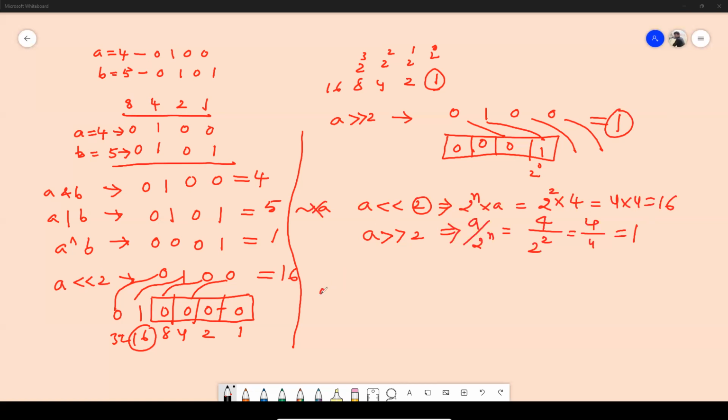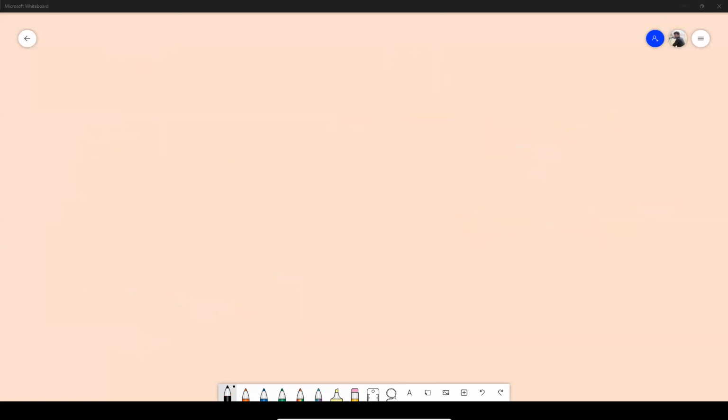Okay. Now we'll talk about tilde A. So for this, let me clear this. We need to be very careful on this. A is equal to 4, right? Now tilde. Otherwise, I'll take 5, tilde A. Normally, this is an integer, right? Integer means 4 bytes. 4 bytes means 32 bits.